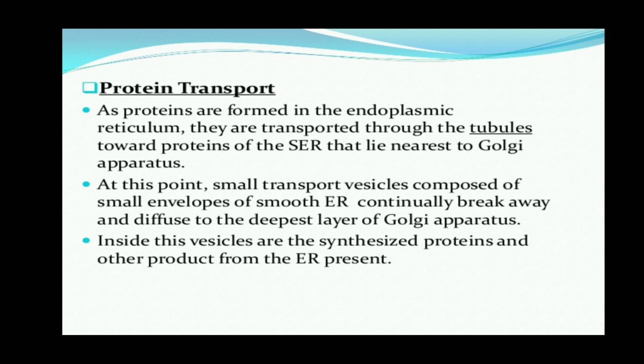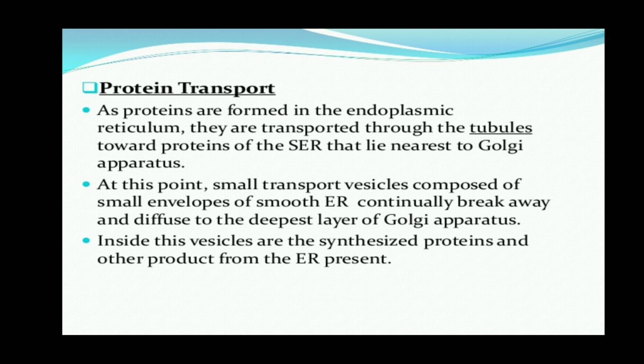An important function of the endoplasmic reticulum is the transportation of proteins. As the proteins are formed in the endoplasmic reticulum, they are transported through the tubules towards the smooth endoplasmic reticulum that lies near the Golgi apparatus. So at this point, what will happen?